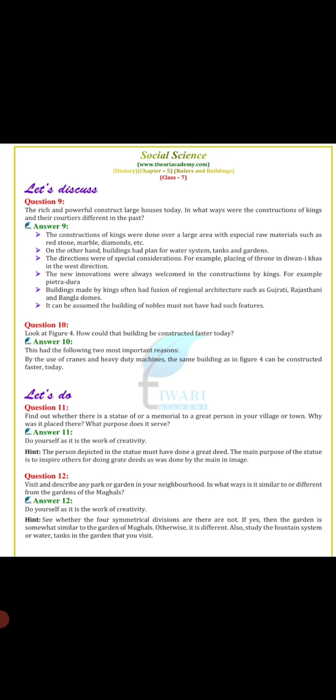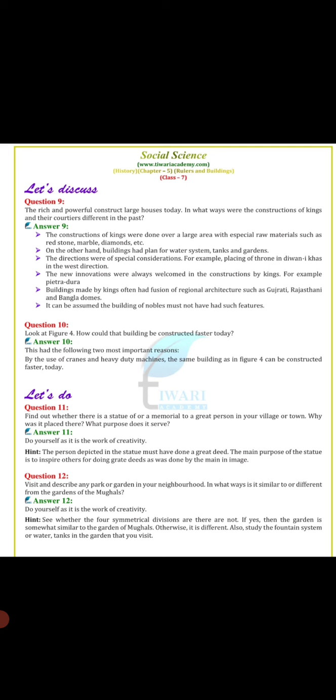The directions were of special consideration, for example, placing of throne in Diwan-i-Khas in the west direction. New innovations were always welcomed in the construction by kings, for example, pietra dura. Buildings made by kings often had fusions of regional architecture such as Gujarati, Rajasthani, and Bangla domes. It can be assumed the buildings of nobles must not have had such features.